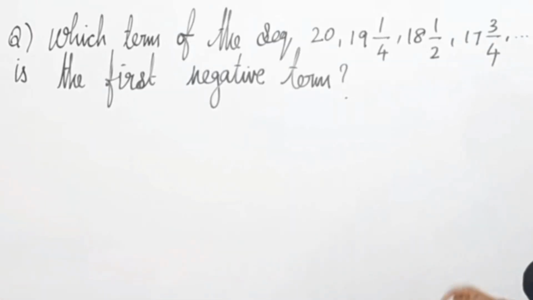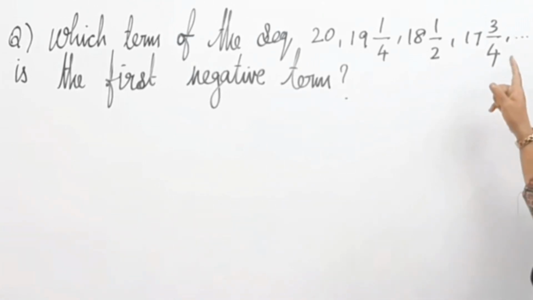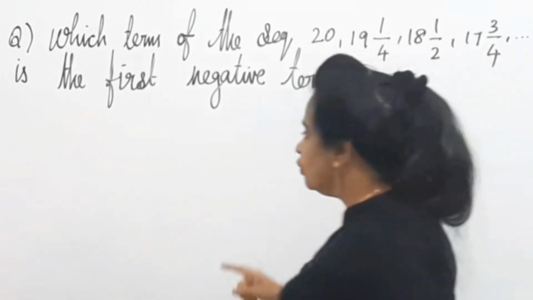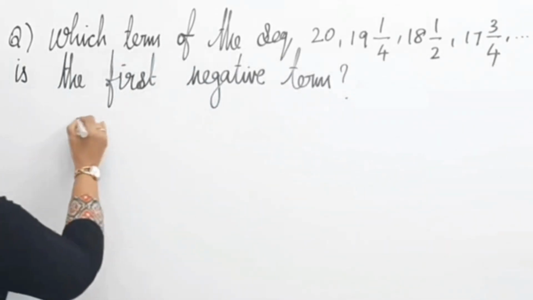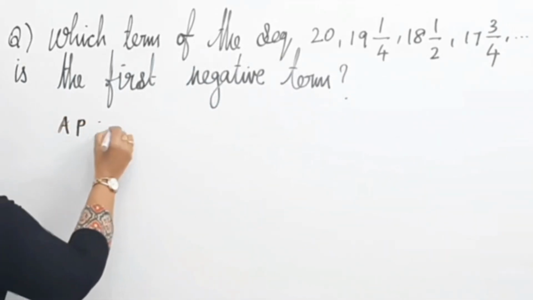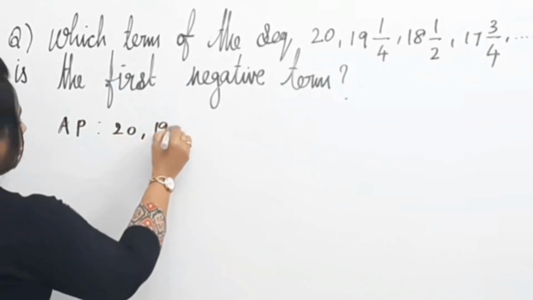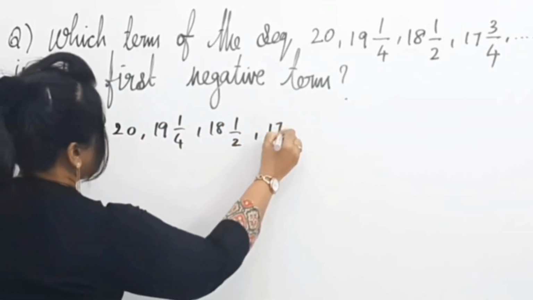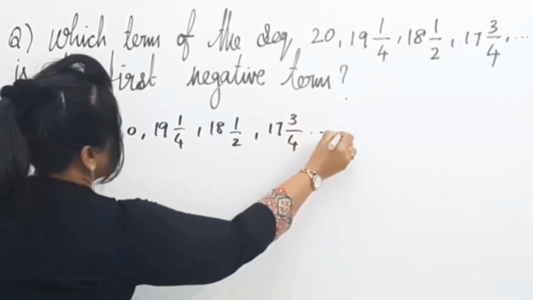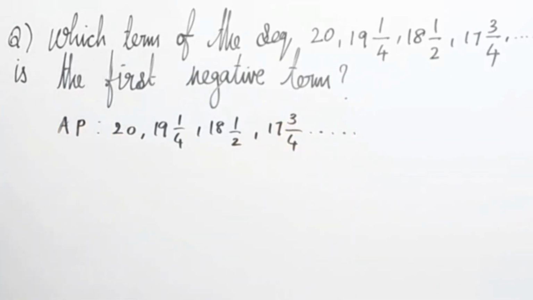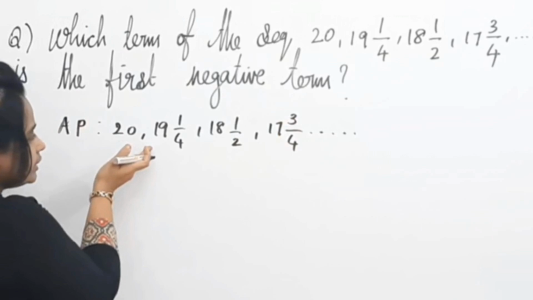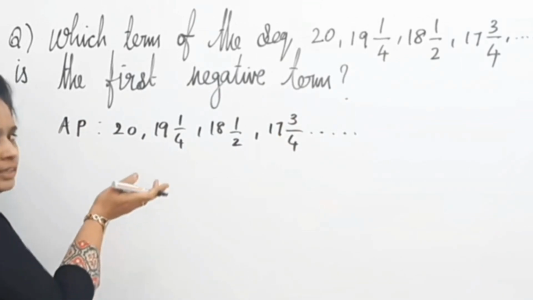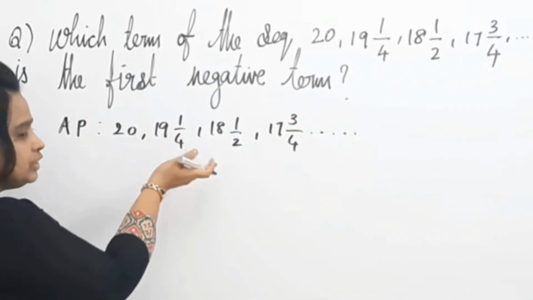Which term of the sequence 20, 19 1/4, 18 1/2, 17 3/4 is the first negative term? Children, you are given the AP 20, 19 1/4, 18 1/2, 17 3/4. Now, you can see the AP is decreasing, so the numbers are getting reduced.